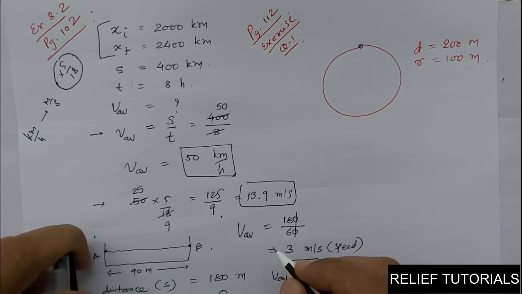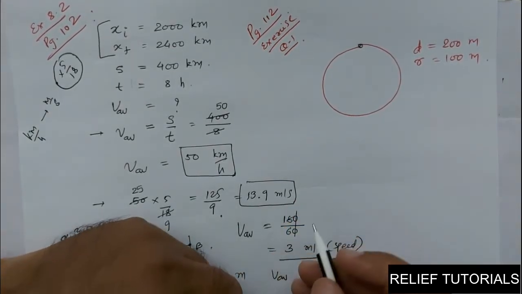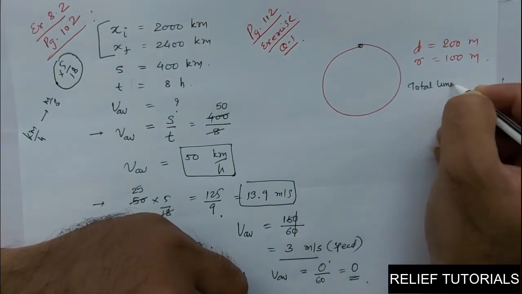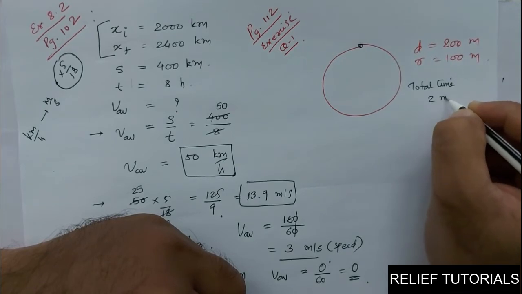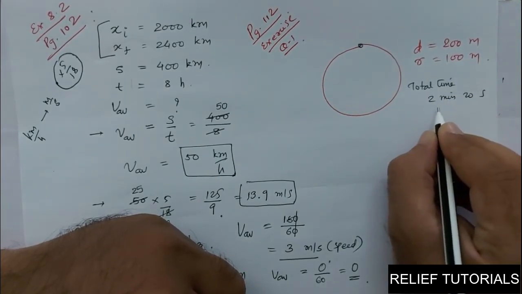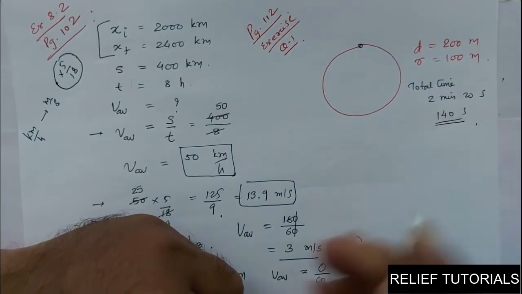He keeps on running for 2 minutes 20 seconds. That means total time of running is 2 minutes, which is 120 seconds, and 20. So total time of running is 140 seconds.